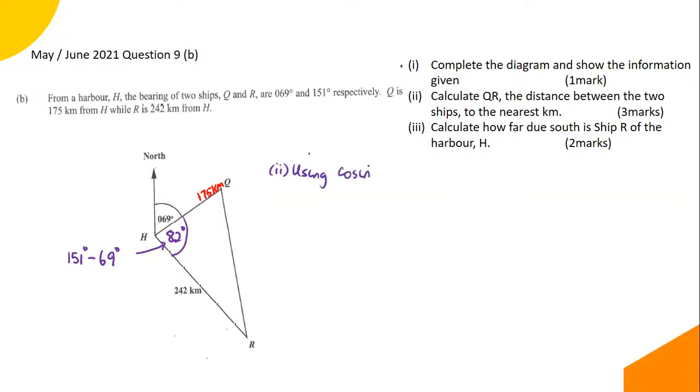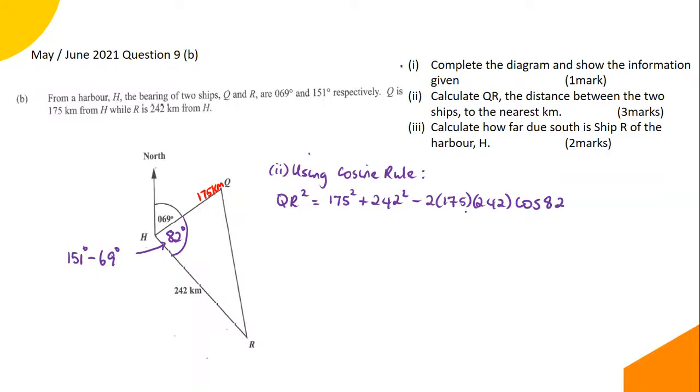If you need some guidance on the cosine rule, you can put that in the comments below. Let me know. So using the cosine rule, QR squared is equal to 175 squared plus 242 squared, minus 2 times 175 times 242 times cosine of the angle opposite to QR, which is 82.